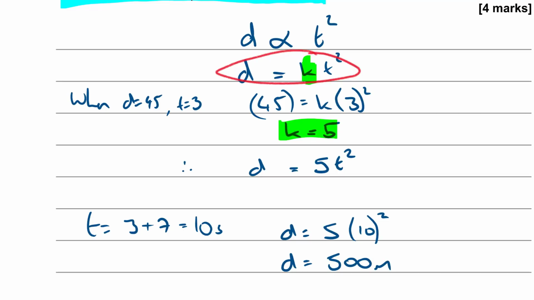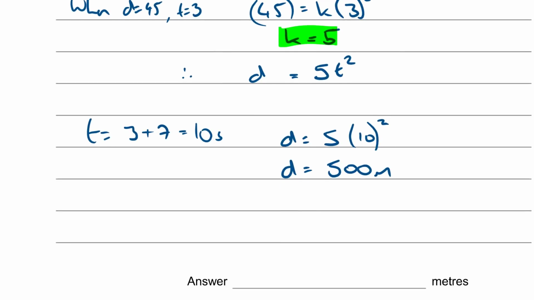Again, there's a bit of a sting in the tail of this one. The ball drops 45 meters in the first 3 seconds. How far does the ball drop in the next 7 seconds? We've evaluated that at t equals 10, d is equal to 500. But at t equal to 3, d was equal to 45. So how far the ball drops in the next 7 seconds is the difference between those two.